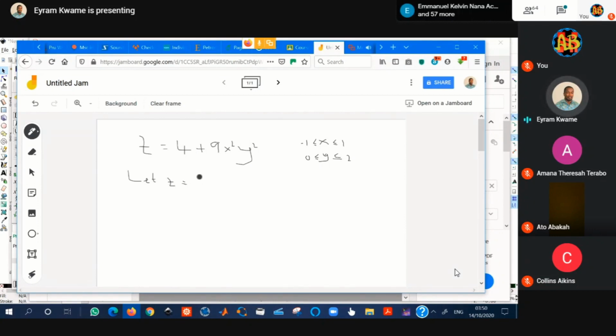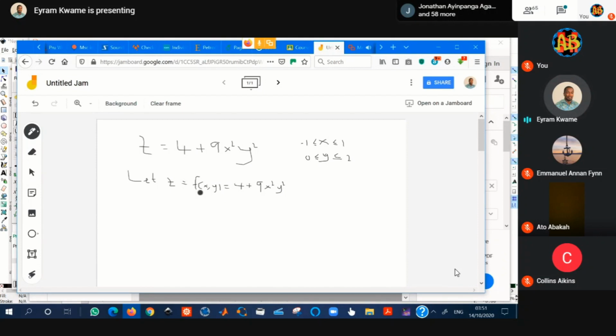F of x comma y. Z to be equal to f of x comma y, and that is the 4 plus 9x squared y squared.